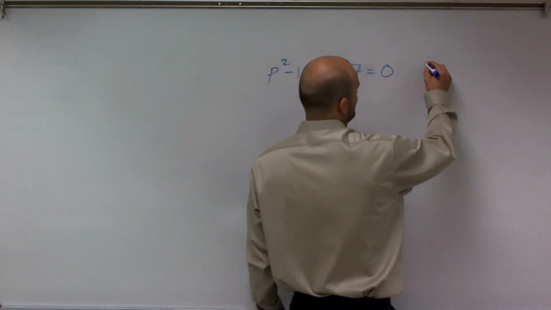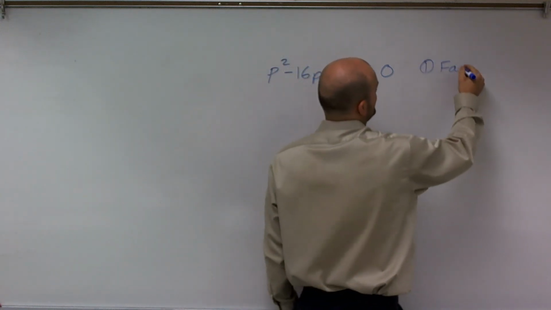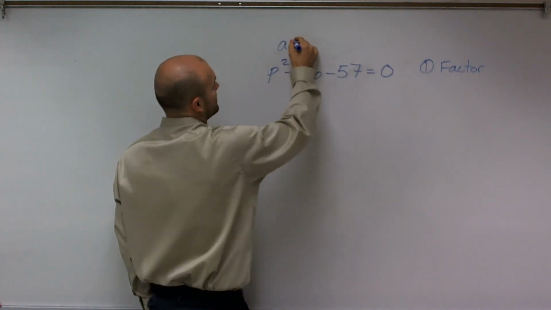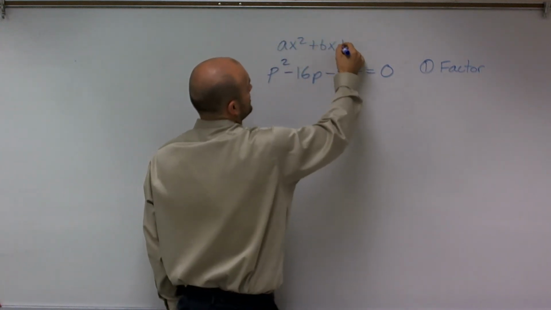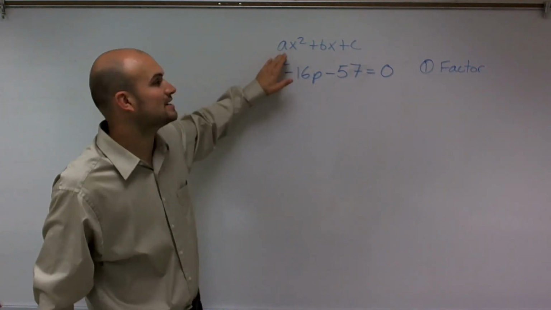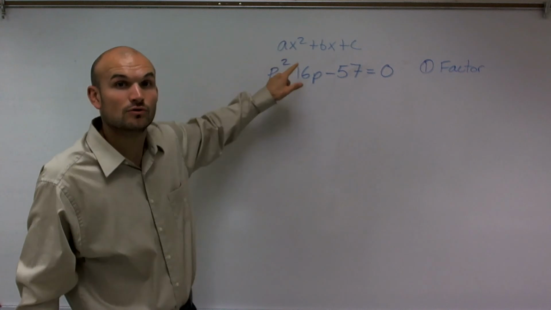The first part about completing the square is you want to make sure you have your a, remember the quadratic form, ax squared plus bx plus c, equal to 1.